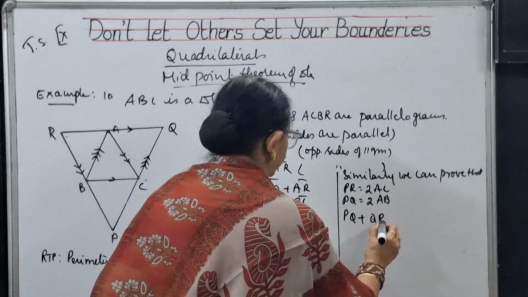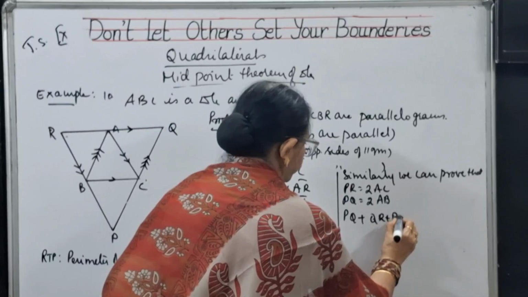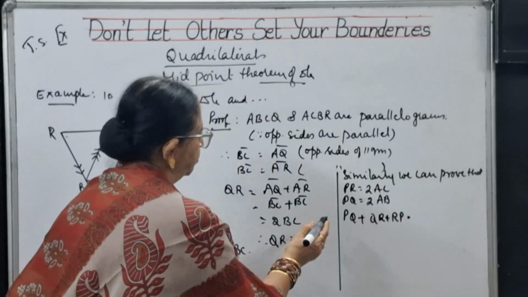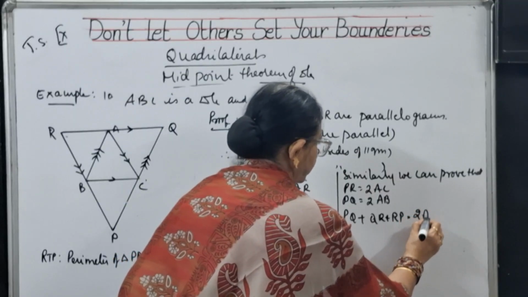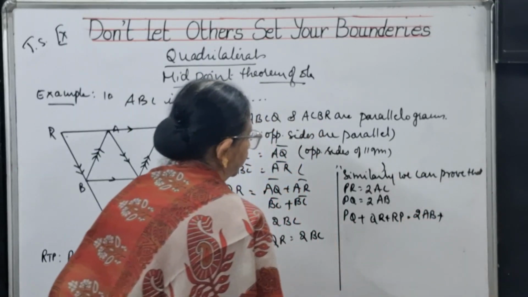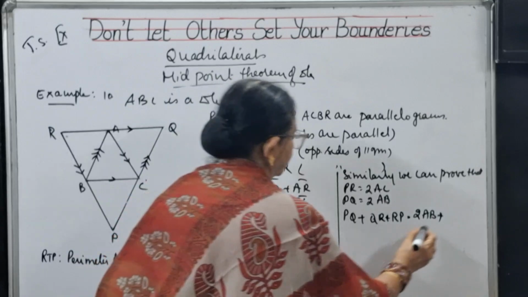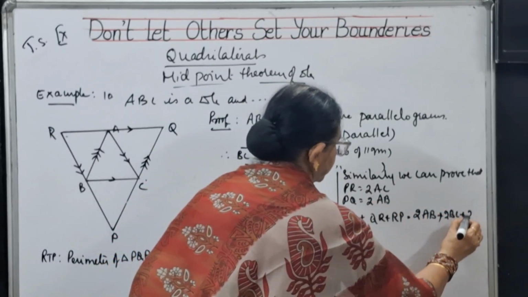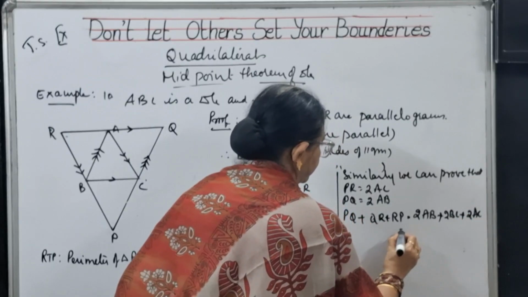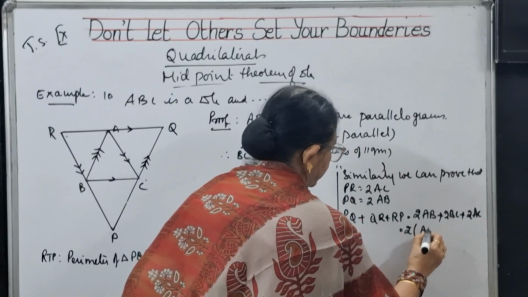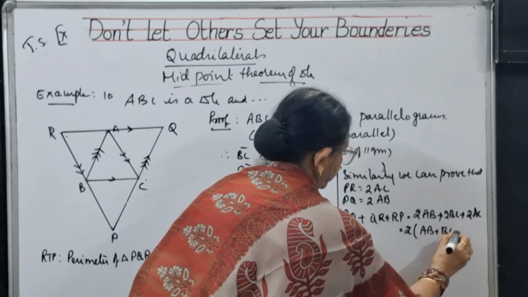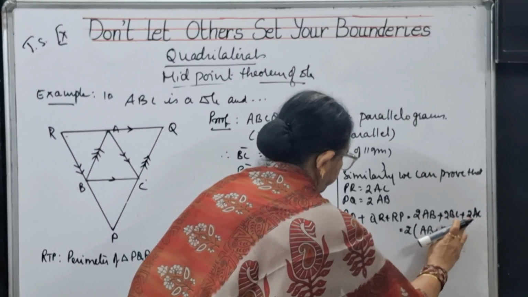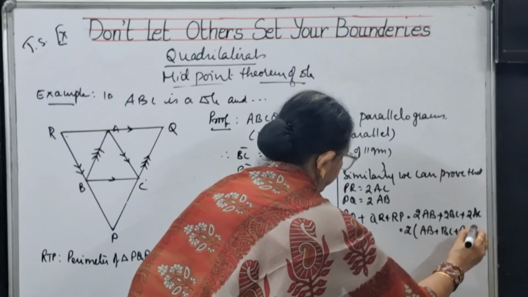Now, perimeter of triangle PQR is nothing but PQ plus QR plus RP. PQ, how much have you got? 2 times AB, plus QR, which is 2 times BC, plus 2 times AC. This is nothing but 2 times AB plus BC plus CA.